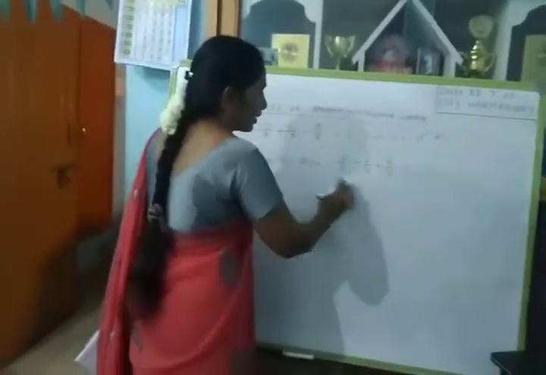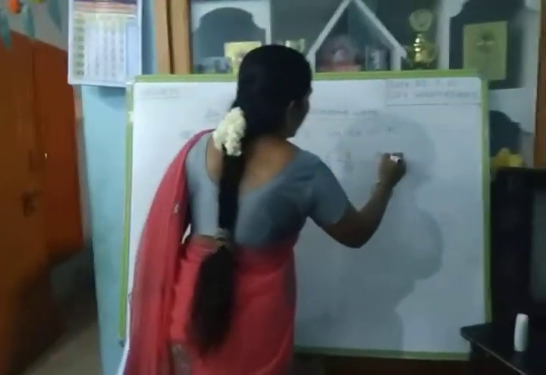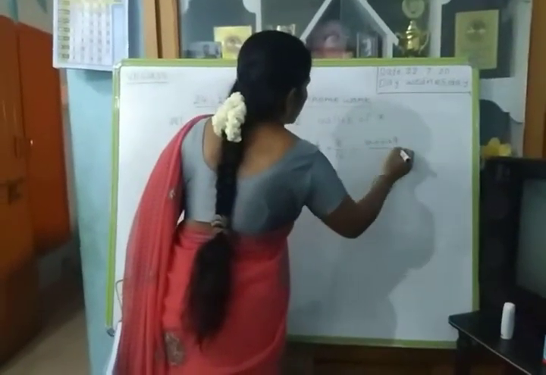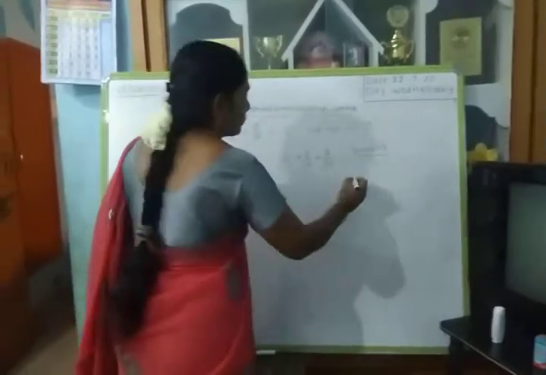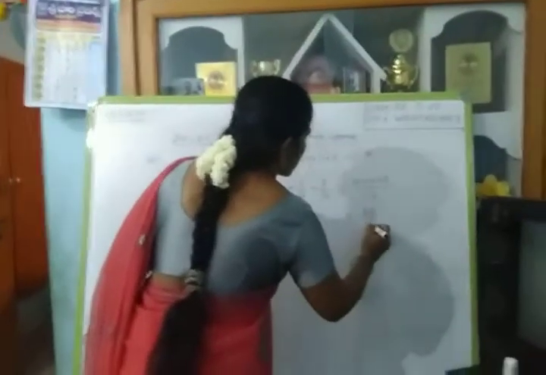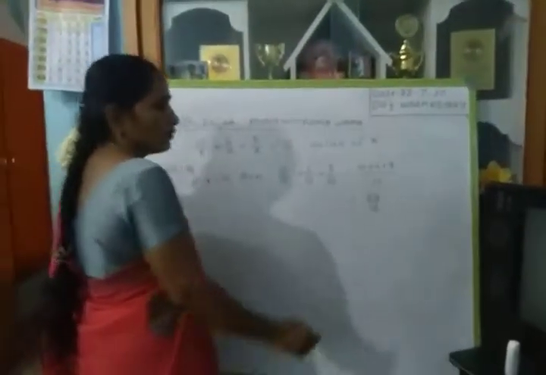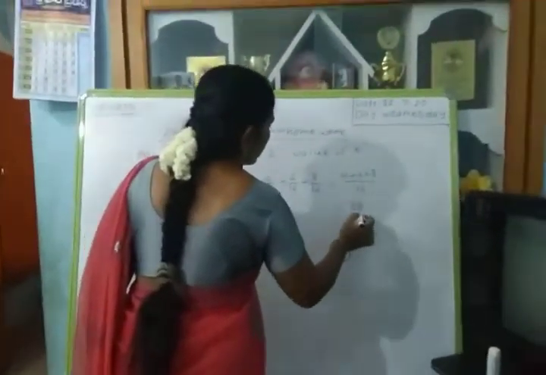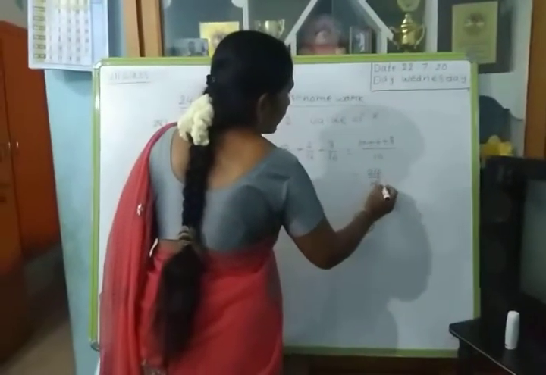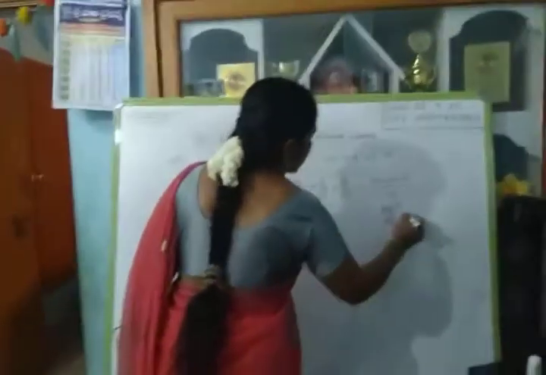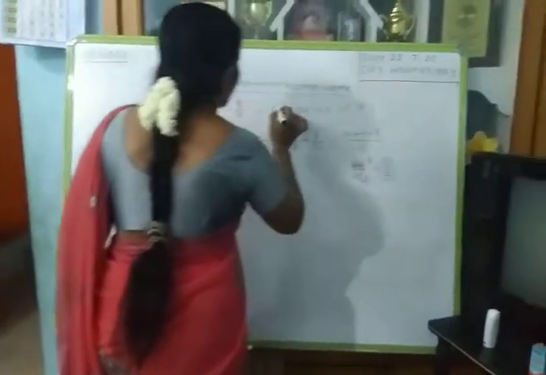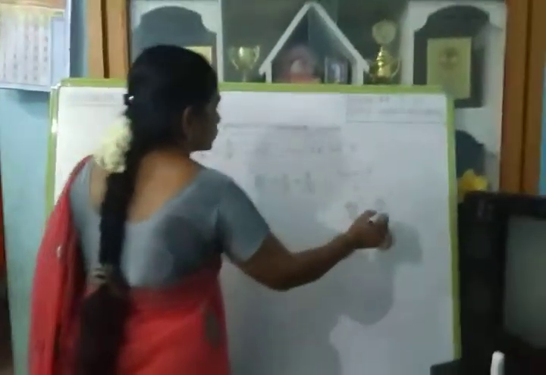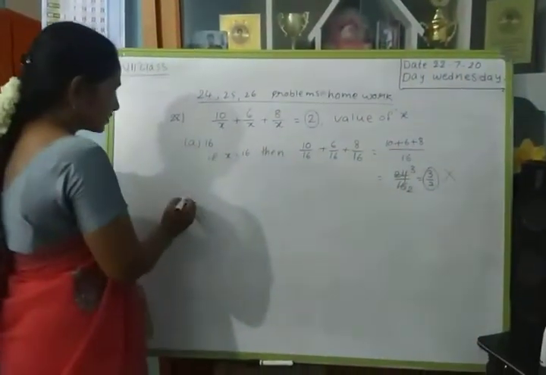All are like fractions, so only add numerators. 10 plus 6 is 16, 16 plus 8 is 24, so 24 by 16. If you simplify, 8 2s are 16, 8 3s are 24, so 3 by 2. We get 3 by 2, but the result we need is 2. So option A is wrong.